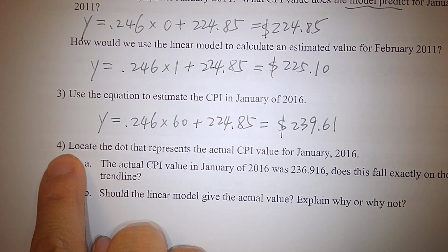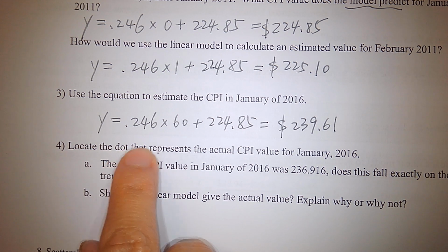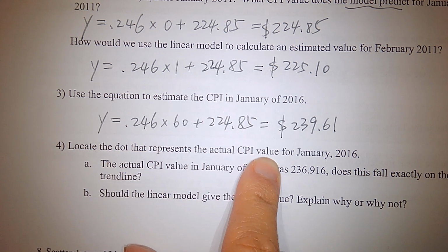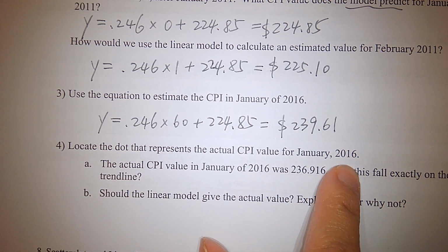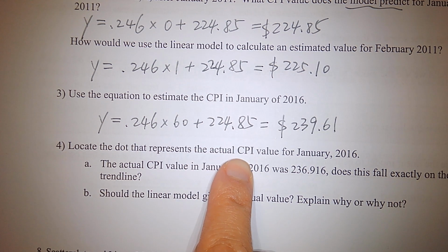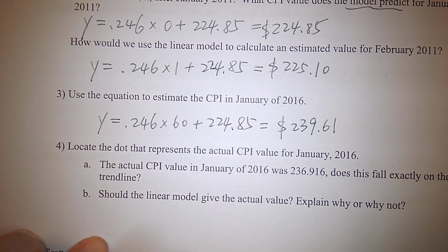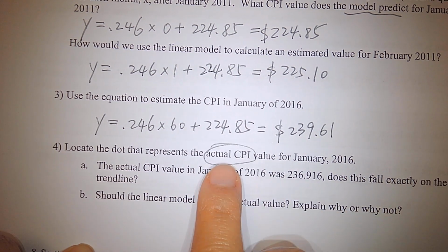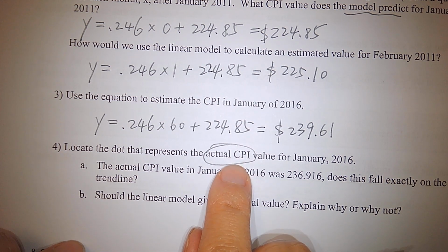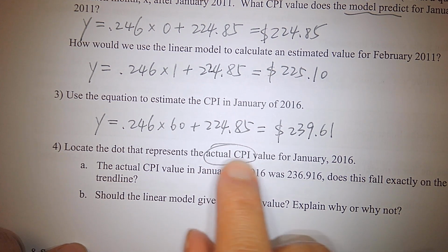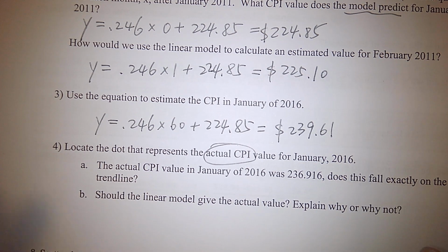Okay. Question 4. Locate the dot that represents the actual CPI values for January 2016. Actual CPI. So when we talk about actual CPI, are we using the line or using the dot? The dot. Okay, so 60 months after.